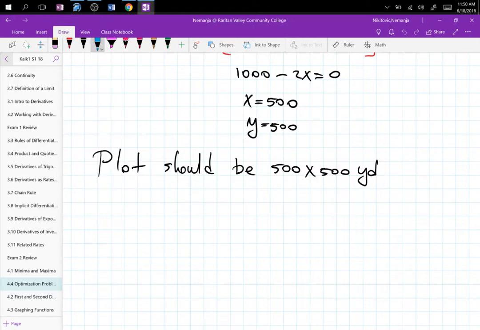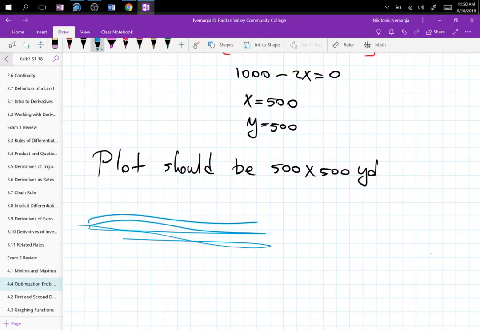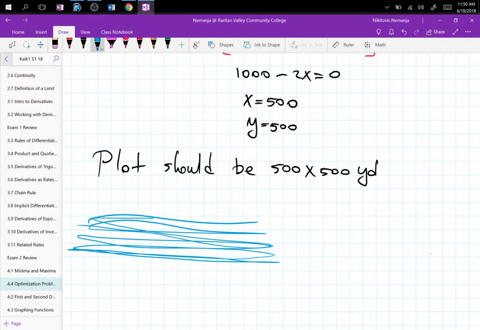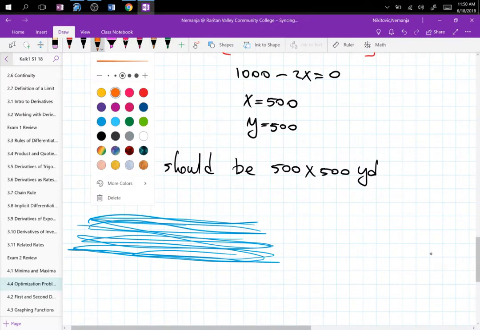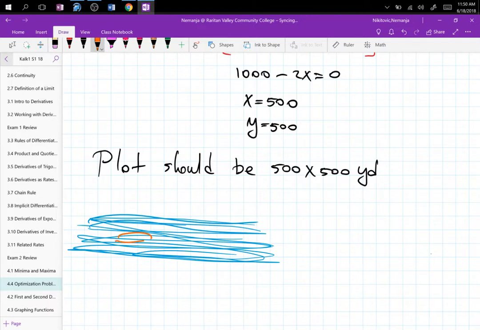Let's put the river. So this over here is clearly a river, right? It's a stream. You can put some salmon in it. Here.